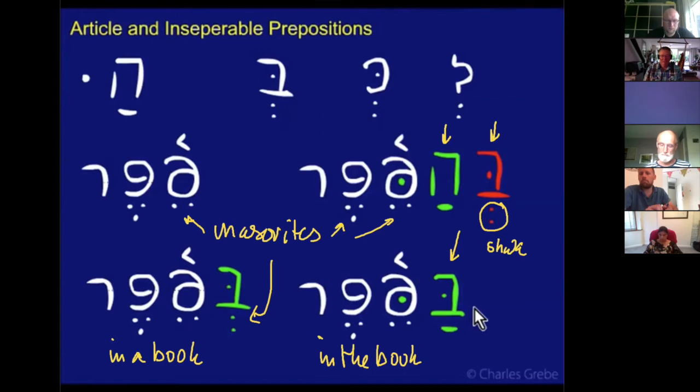Do you understand that? The only difference in writing is the shava and the petach. But before the Masoretes came, this was not in the language. All these signs, these scribbles here, were not in the language, which means you had to read from the context and understand if it is in the book or in a book. That means that there are multiple interpretations possible depending on how you read the text.